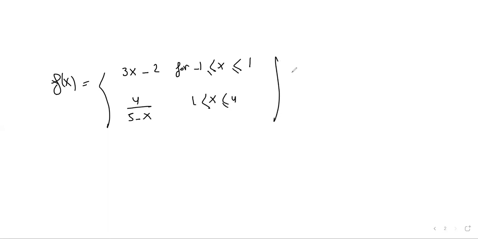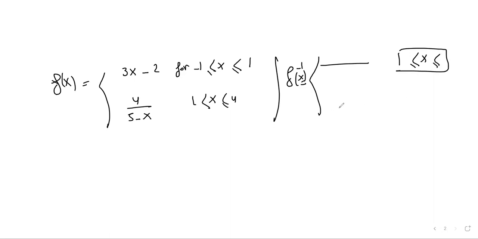So I know that f negative 1 will have the same form, right? It will be an expression for a set of values for x, and it will have another expression for another set of values of x.